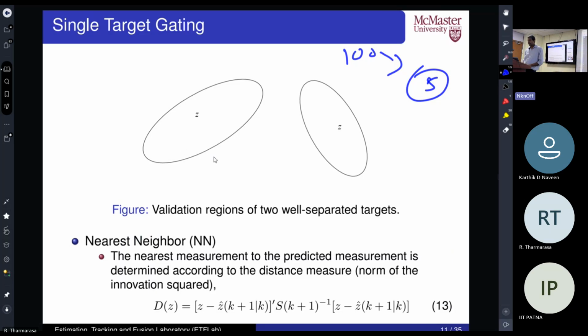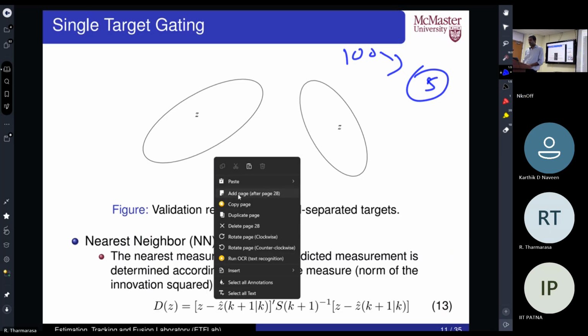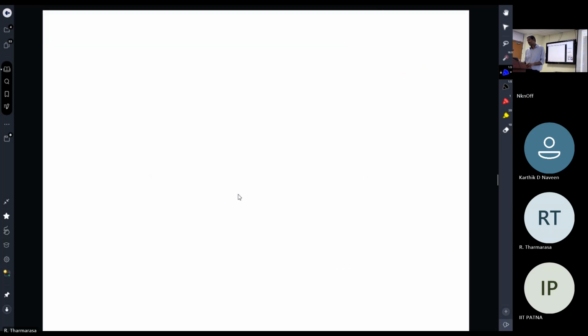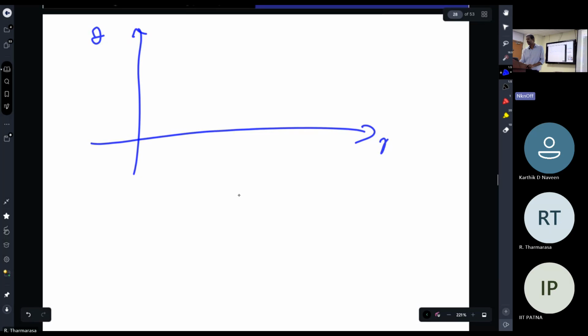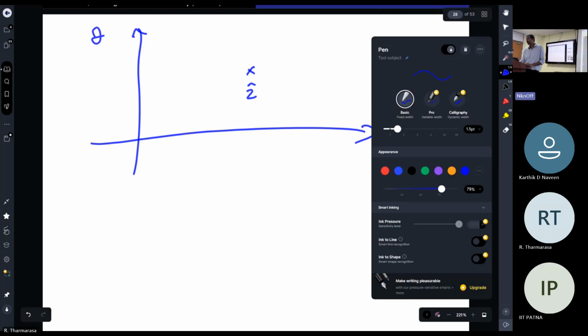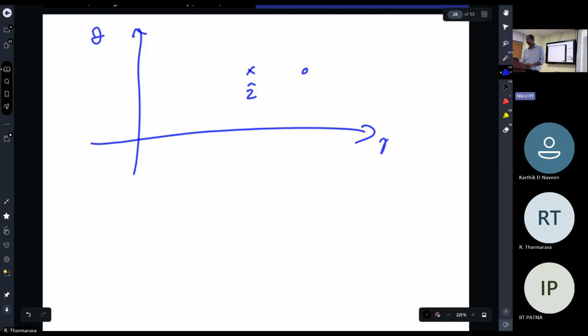So let's consider R and theta. This is your x hat. And you have 2 measurements. One measurement over here, and a measurement here.